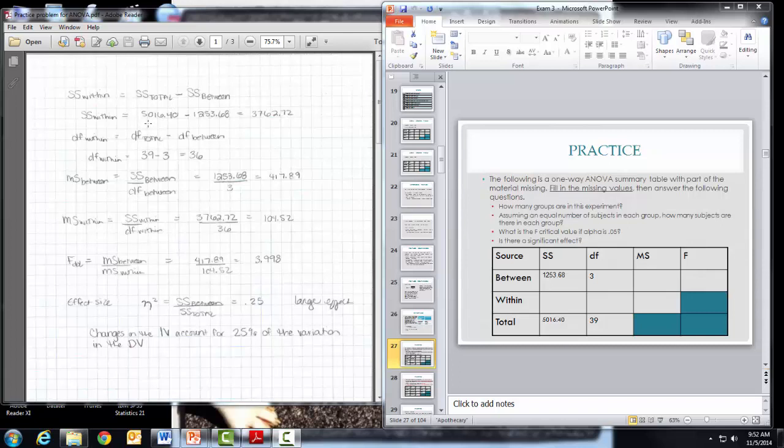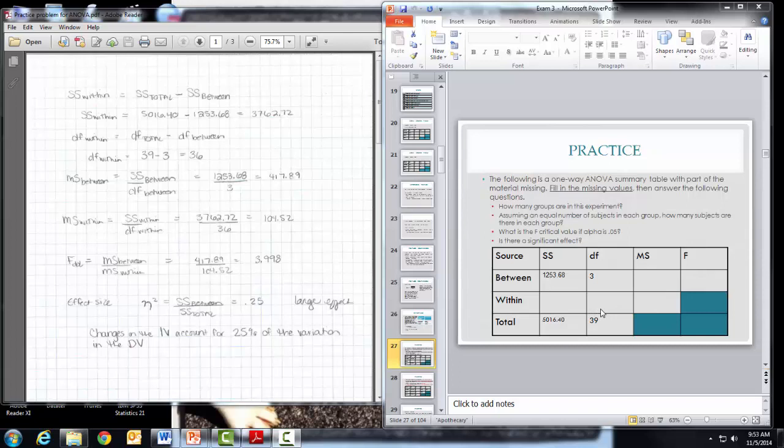So we're going to take sums of squares total value and subtract sums of squares between value, and we end up with 3762.72. And so what we would do with this value here is we would write it in sums of squares within.